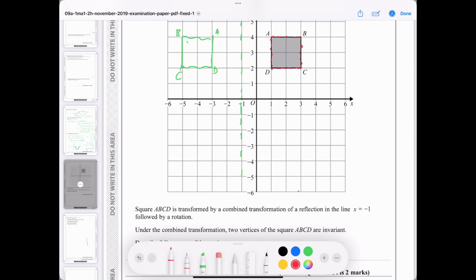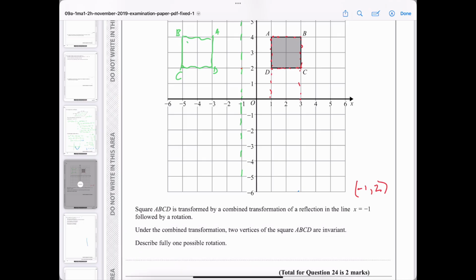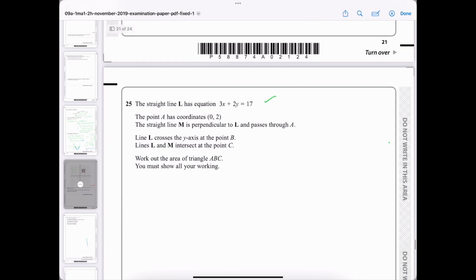So if you're going to rotate, I'm imagining you're rotating through -1, and if you rotated through there, I think that would end up with it here. So I think if you went -1, 2, that would give you what you needed, but I would need to use tracing paper to be sure.